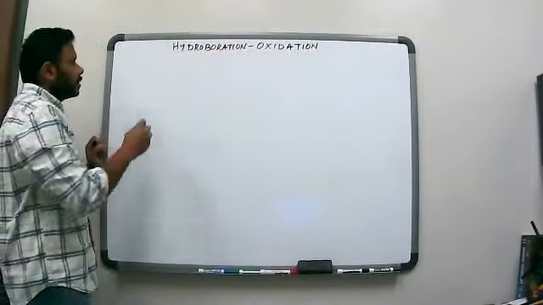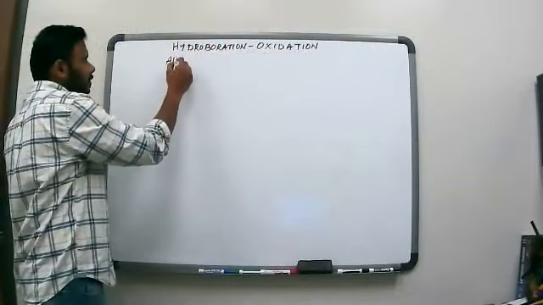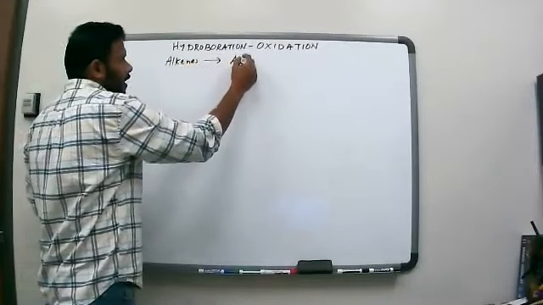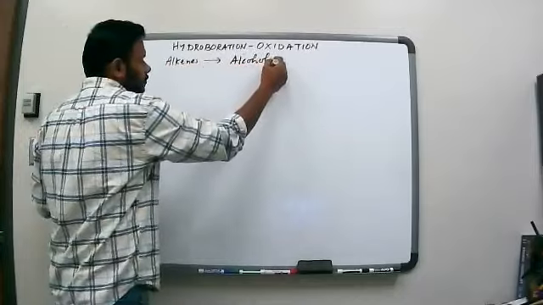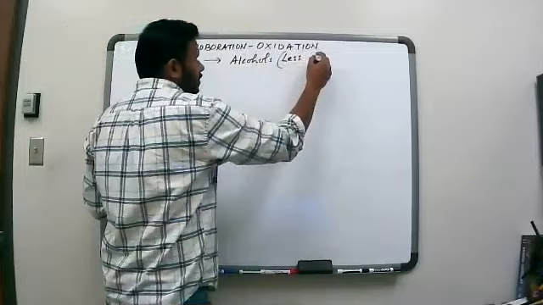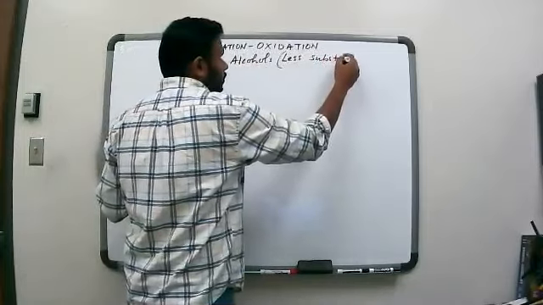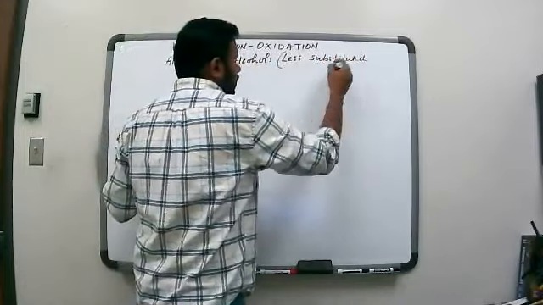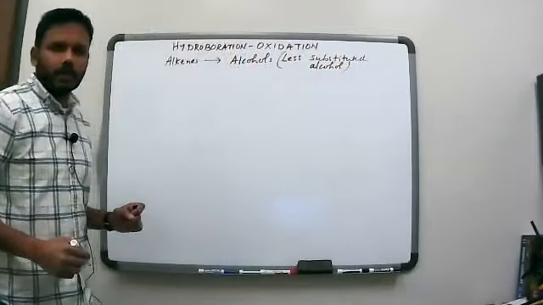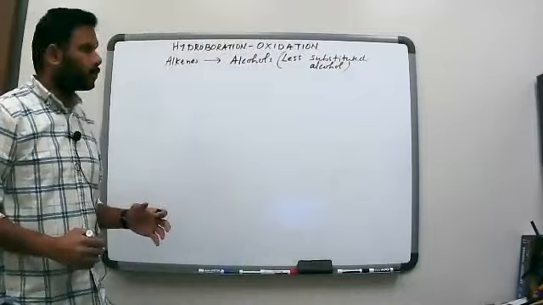And what hydroboration-oxidation does is it converts alkenes into alcohols, but this time we get the less substituted alcohol as the product.